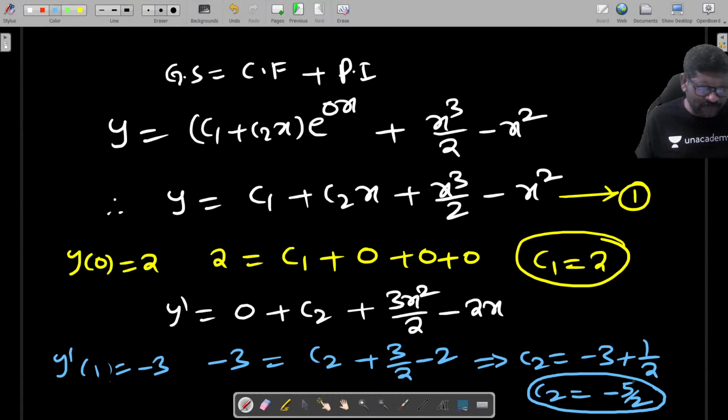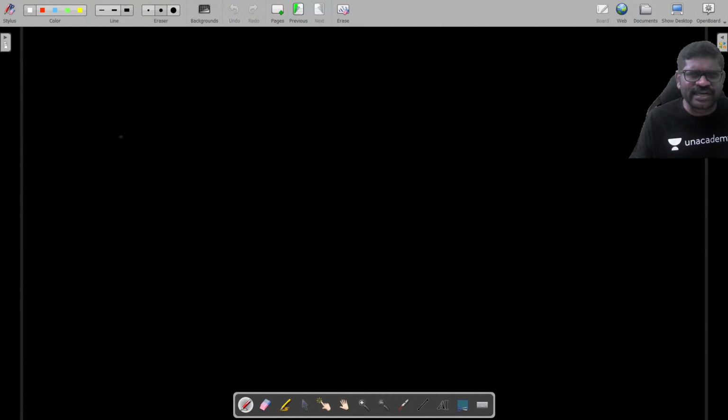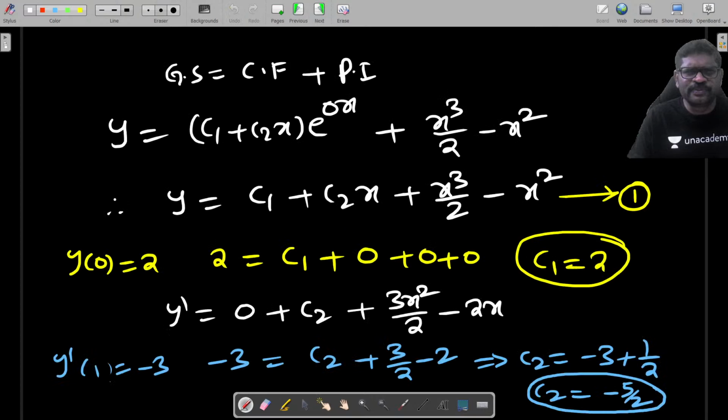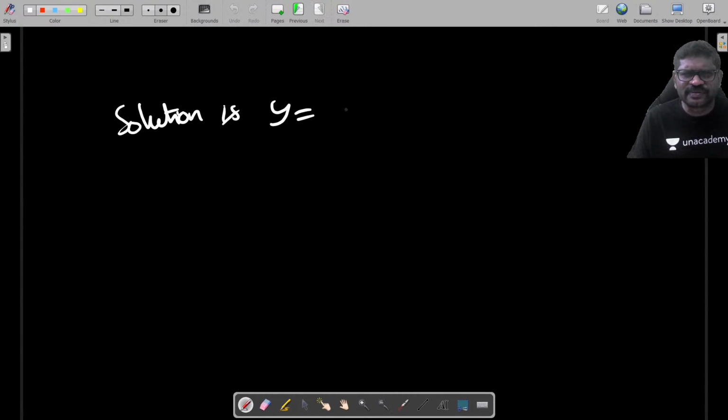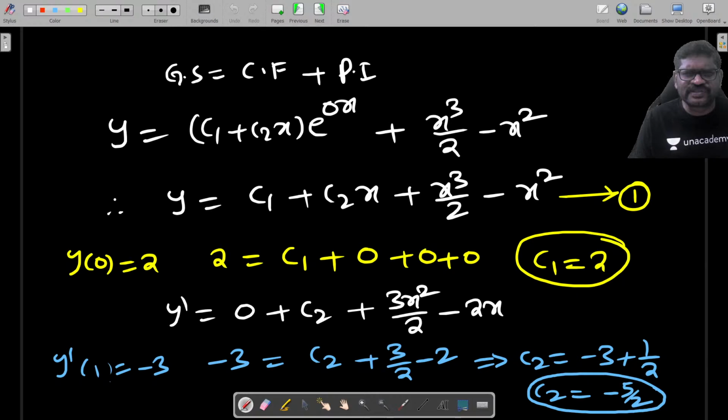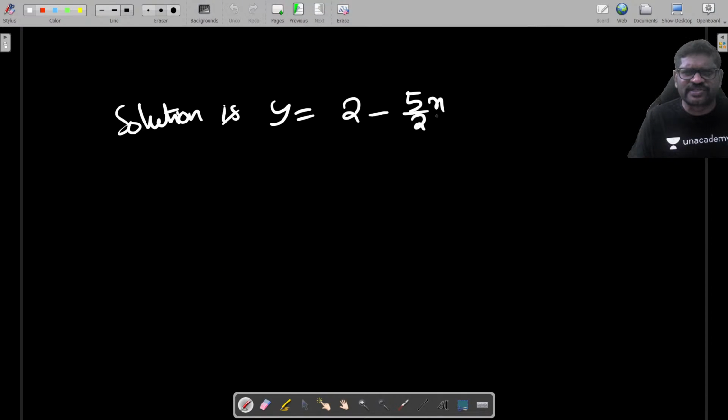c1 is 2, c2 is minus 5 by 2. Therefore the solution is y is equal to 2 minus 5 by 2 x plus x cube by 2 minus x square.